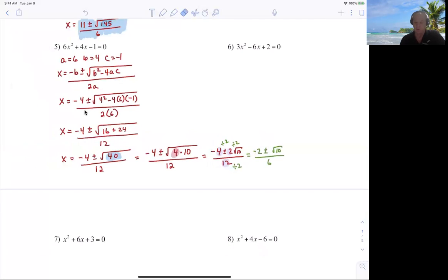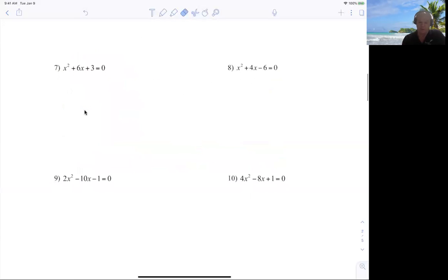Now again, you should say to yourself, that wasn't that hard. It's just a matter of identifying A, B, C, then knowing the equation, plugging the numbers into the equation, simplifying the arithmetic, and then you ask yourself, can I simplify the radical? All right, very simple. Let's check out number 7 now.